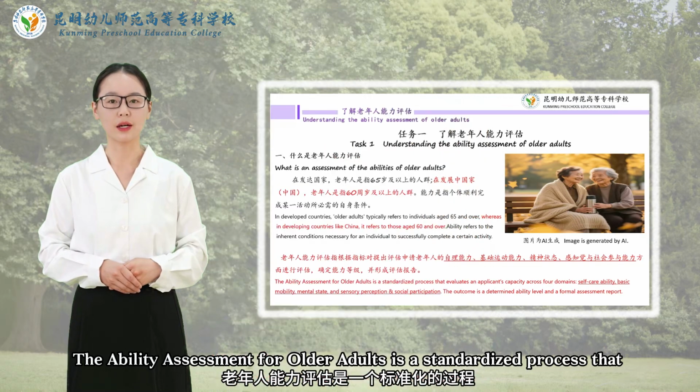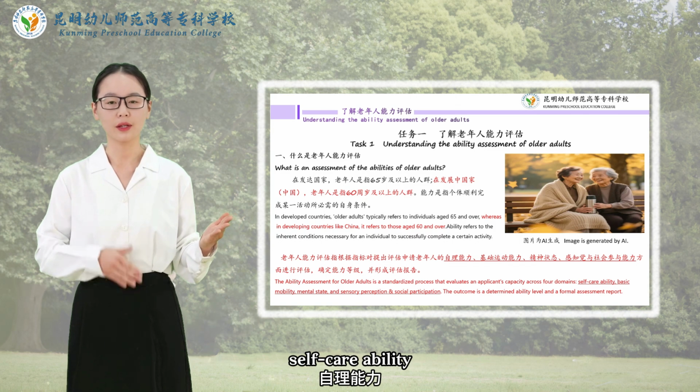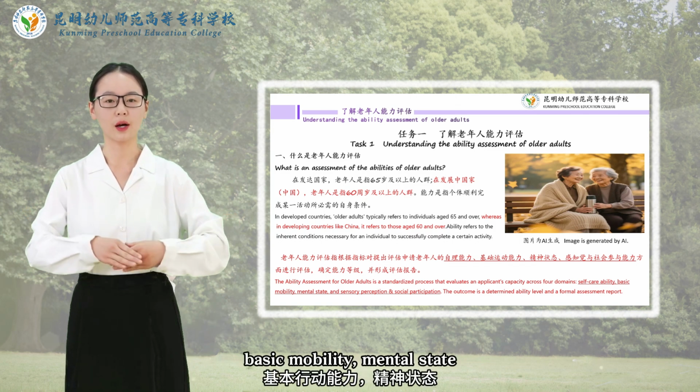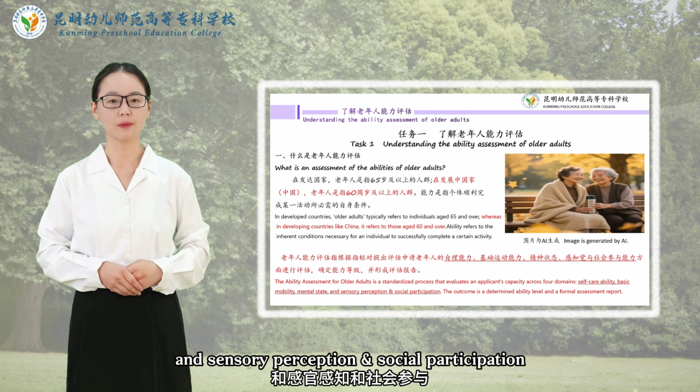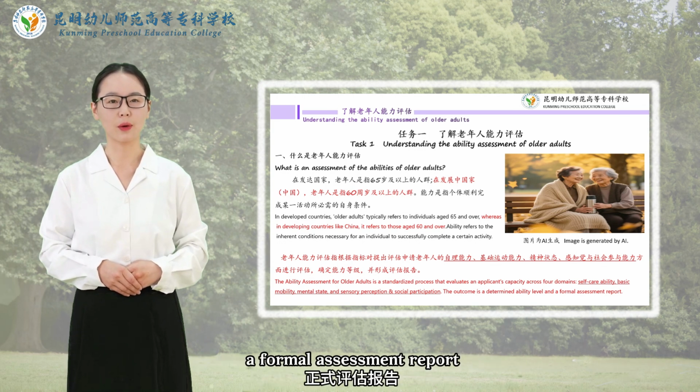The ability assessment for older adults is a standardized process that evaluates an applicant's capacity across 4 domains: self-care ability, basic mobility, mental state, and sensory perception and social participation. The outcome is a determined ability level and a formal assessment report.